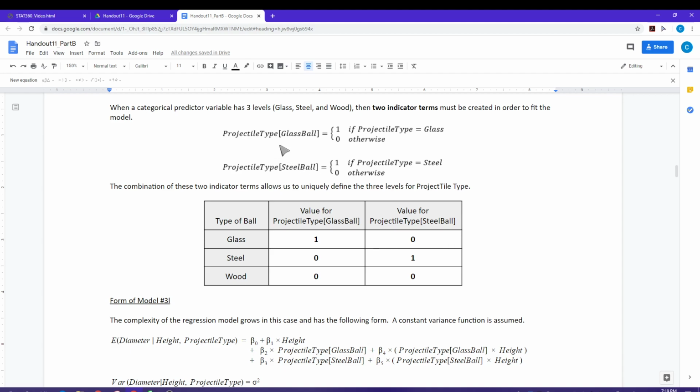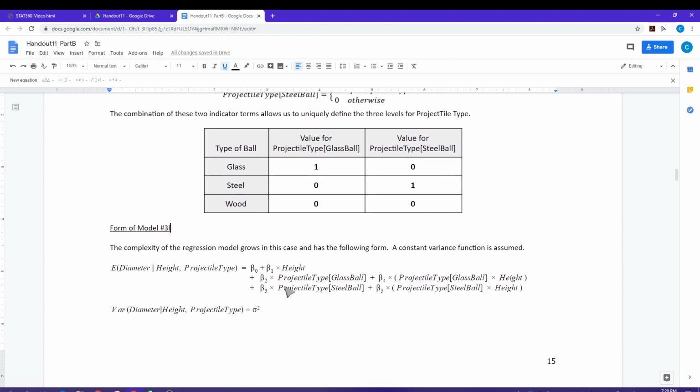Now if I want to identify projectile type wooden ball, I would have my glass ball set to 0 and my steel ball set to 0. So when both of these are set to 0, that's going to identify the third type of ball. So I do not need 3 indicator variables here, I only need 2.